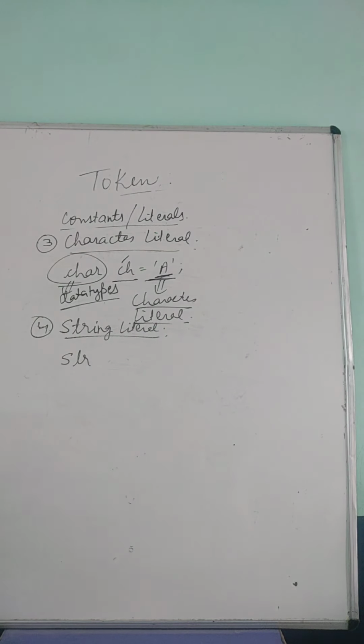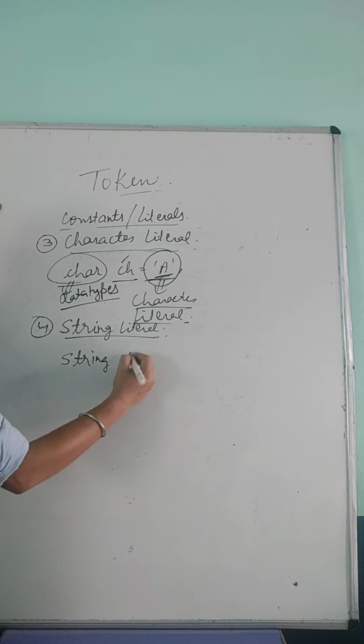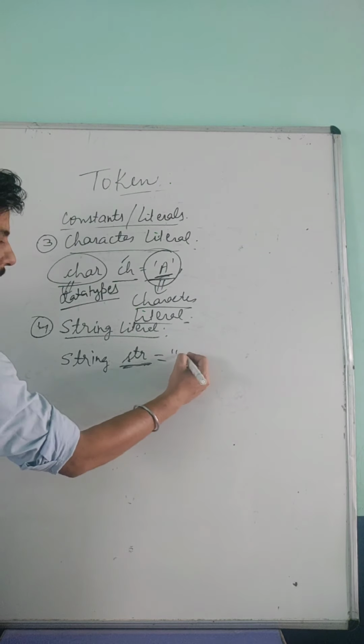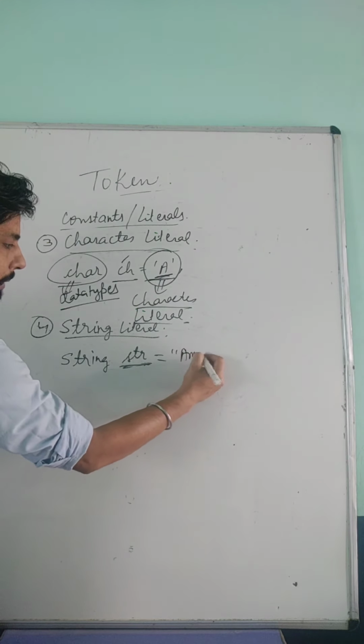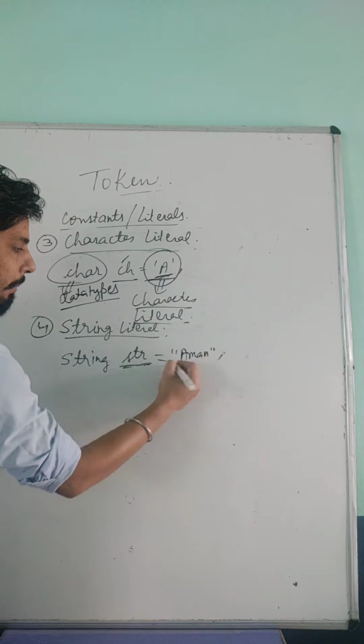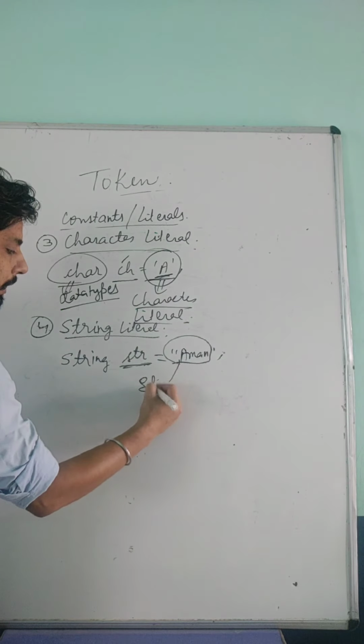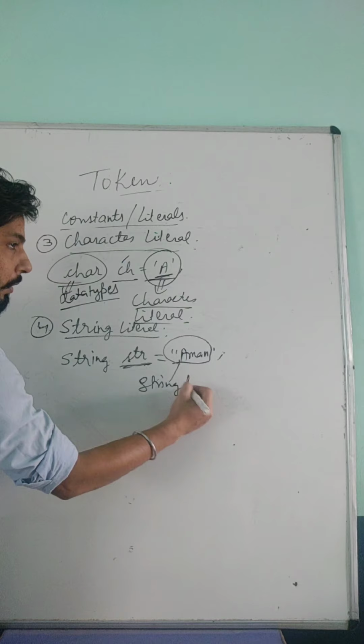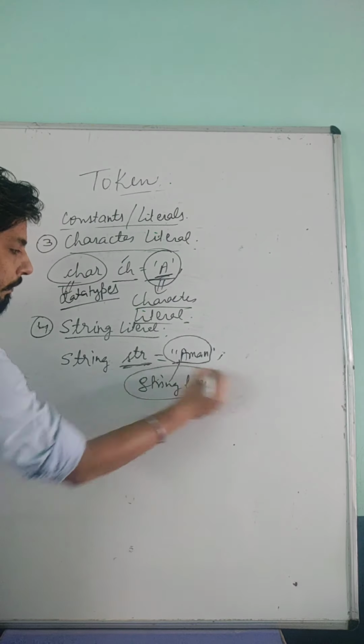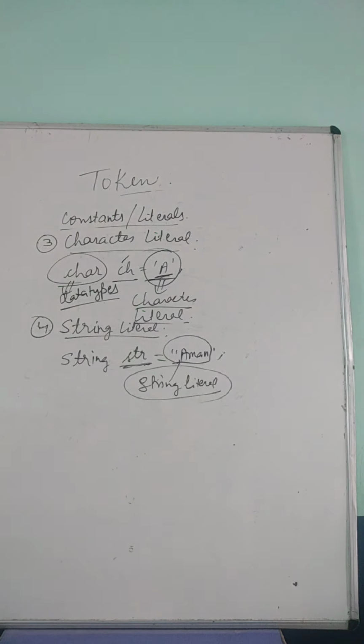Now you have to focus only on the literal part. Next is our string. So I take the variable str, equals to, suppose I have taken Aman. So here Aman is our string literal. It is a fixed value given, so it is our string literal.